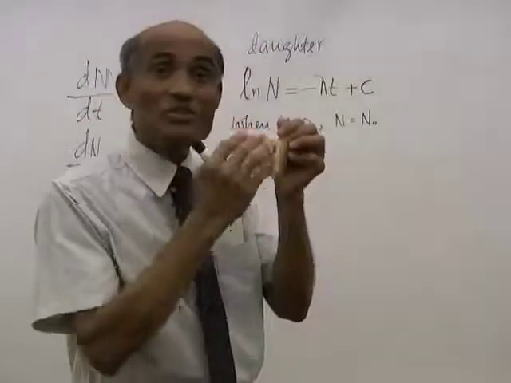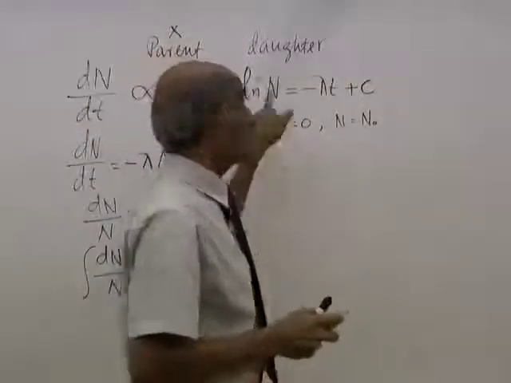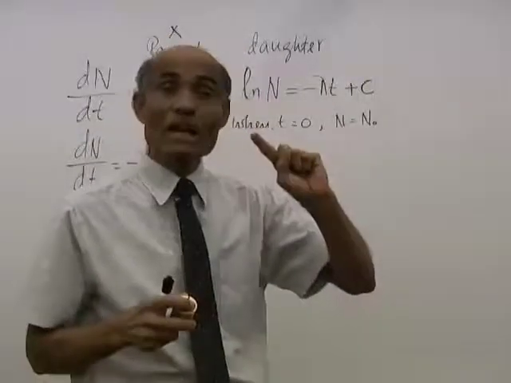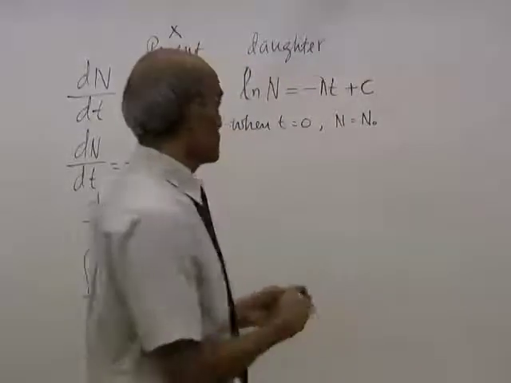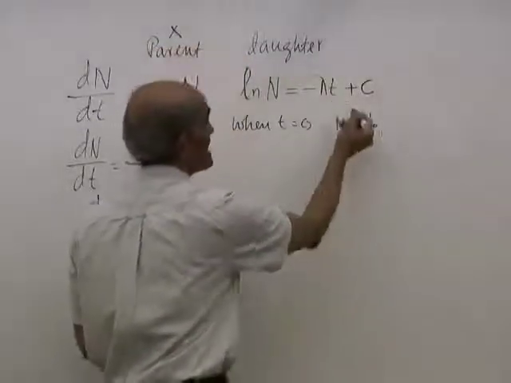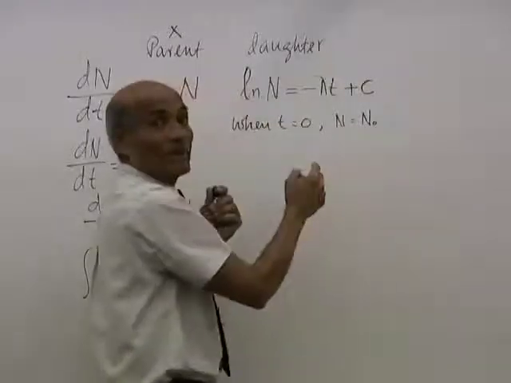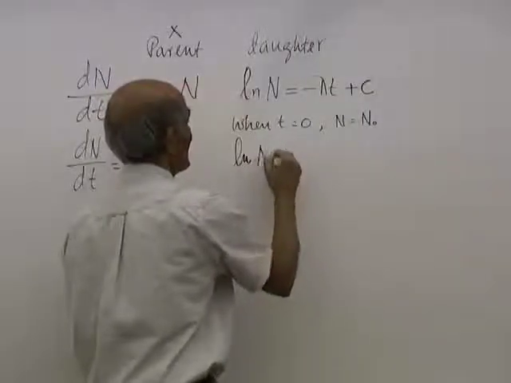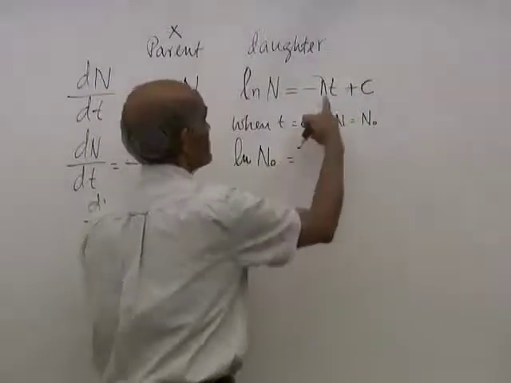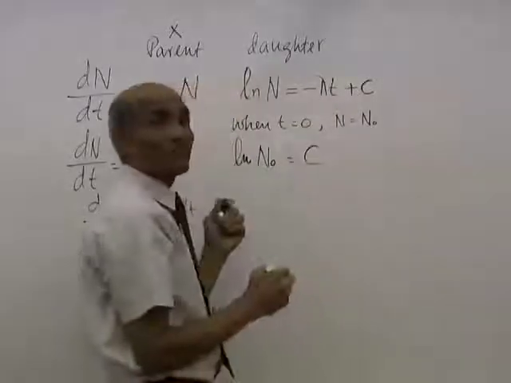That is the maximum number that we start with. With time, that n0 will become less and less. And this n, of course, is the number at any given time after a certain amount of time. So, if you set t equal to 0, this n will become n0. Let's do that in the equation. That will become ln n0 equal to, t becomes 0, this term will go, equal to c.